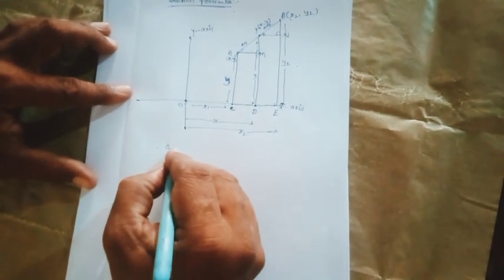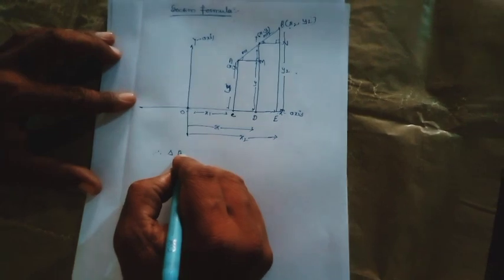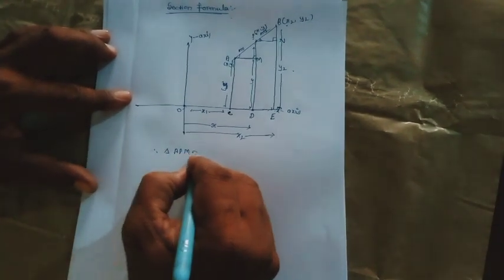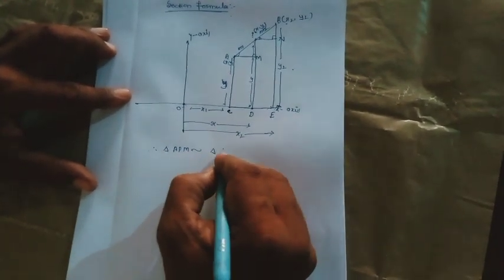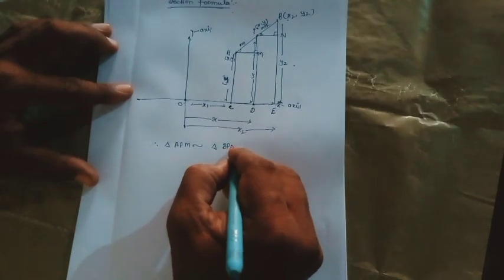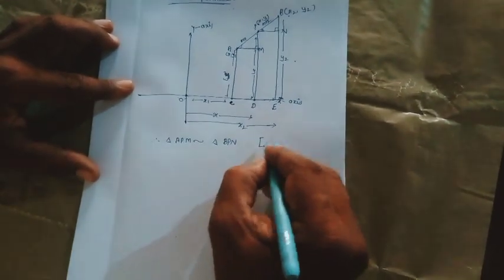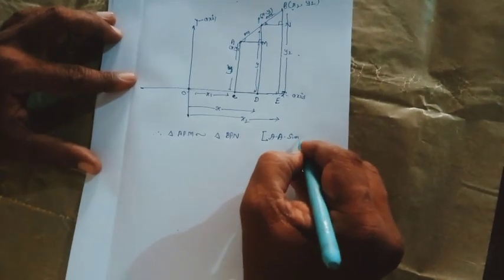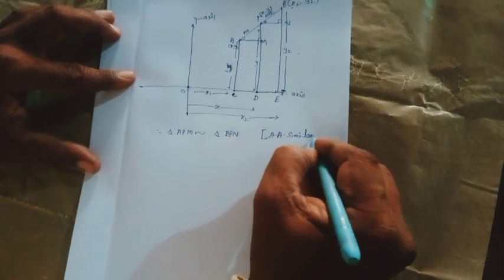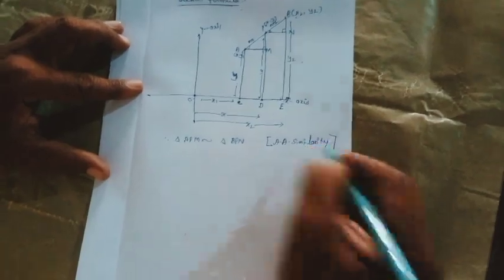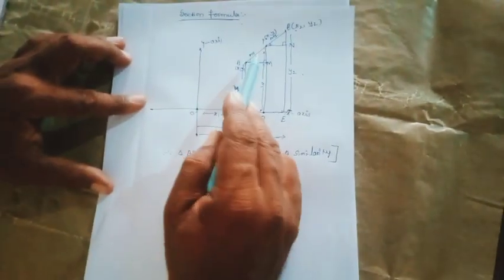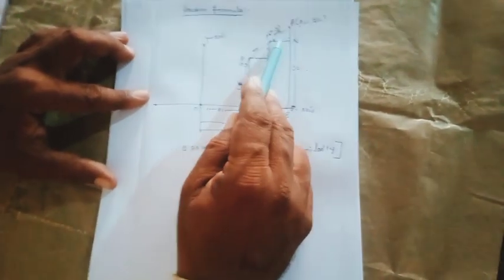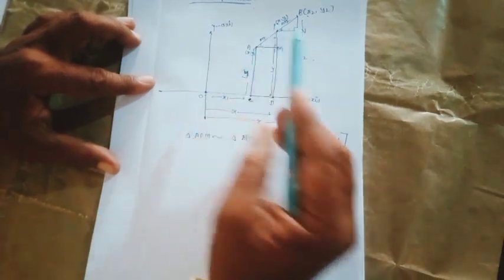Therefore triangle APM is similar to triangle BPN, by AA similarity, since two angles are equal in these two triangles.